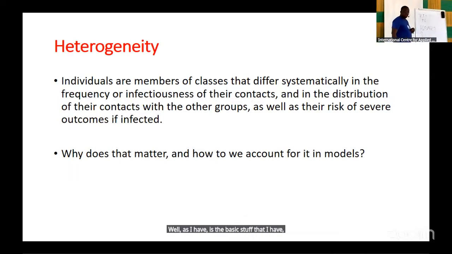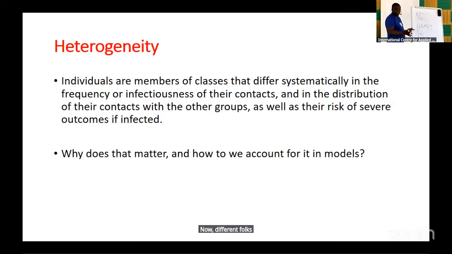I can start with SIR, the basic model. Now, if I want to introduce heterogeneity, I can have many classes of heterogeneity. This is one form of heterogeneity; there are different forms. I can have different forms of SIR: S1, S2, S3, and then I1, I2, I3, and then R1, R2, R3. This is population heterogeneity, because I'm looking at each of the populations.